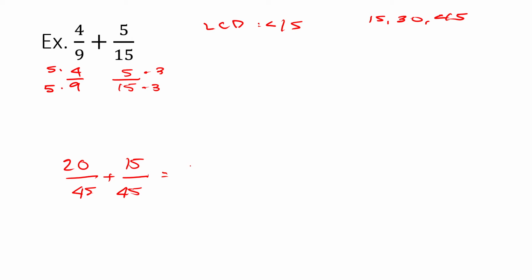We simply add 20 plus 15 all over 45. 20 plus 15 is 35, and we keep the denominator the same. So 20 over 45 plus 15 over 45 is equal to 35 over 45. Now, is that your final answer? No. Why not? It's because 35 and 45 can be simplified.